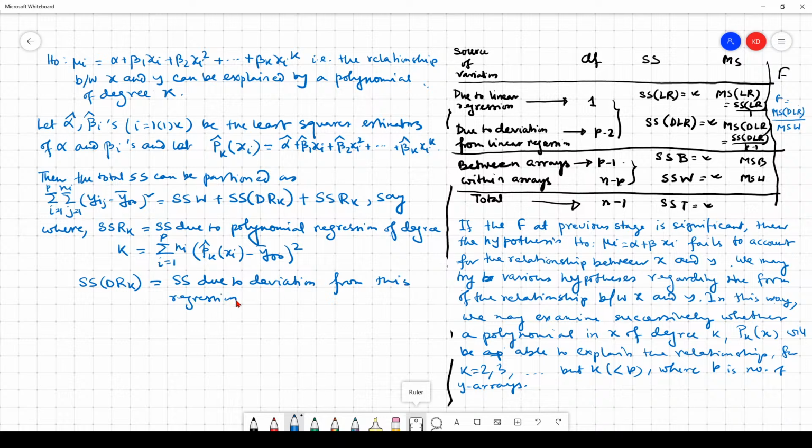So this is equal to sum over i from 1 to t ni yi naught bar minus Pk hat xi whole square.